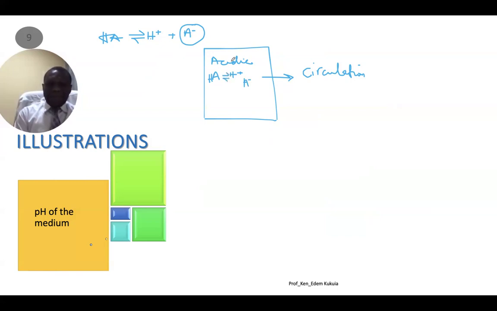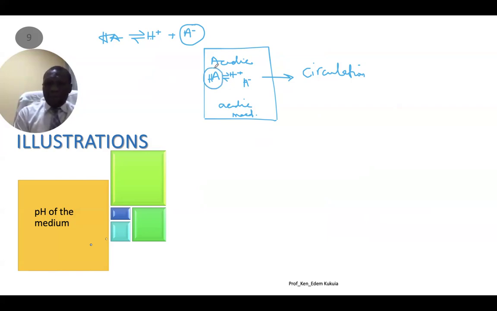Now, if this acidic drug is in an acidic medium, so the pH is in the acidic range, normally the equilibrium will shift to favor the drug that is not ionized, the unionized form.